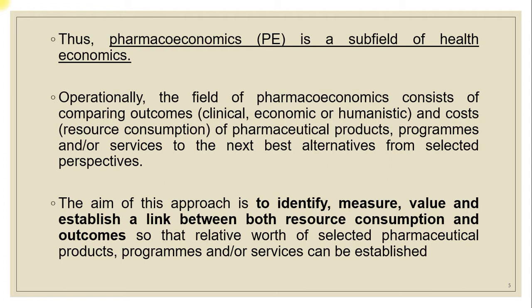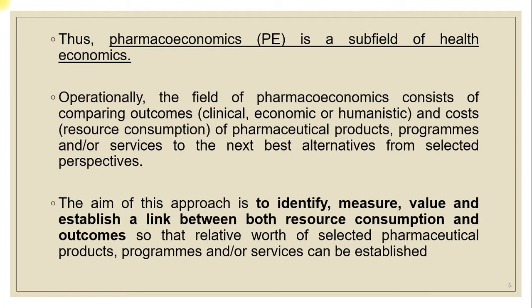So we are comparing the alternatives in view of the outcomes which we may obtain from each alternative, and the cost which is incurred or resources which are consumed for that particular alternative, and we will select the best alternative which will give us maximum outcome at minimum cost.